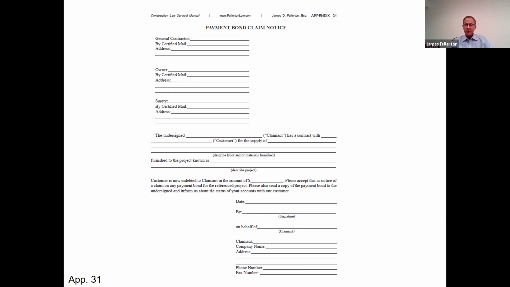If you can do that, if there's a payment bond, you have successfully preserved your rights under the payment bond by providing notice to the bond principal, number one. Number two, it tends to freeze money so that it makes it more likely you're going to get paid, and more likely there will be no defense of payment under a mechanics lien action if you end up filing a mechanics lien later.